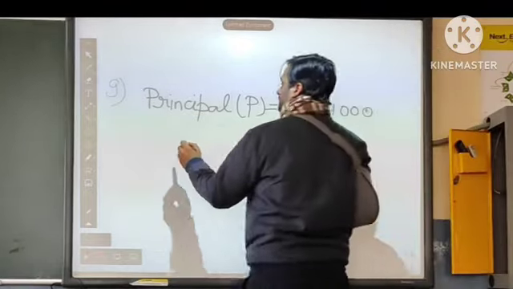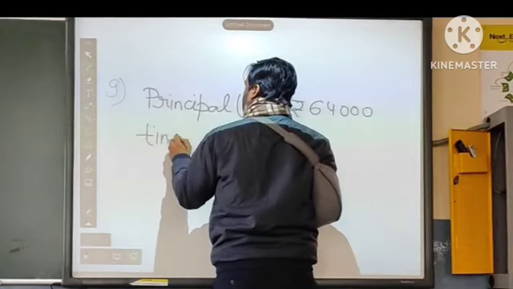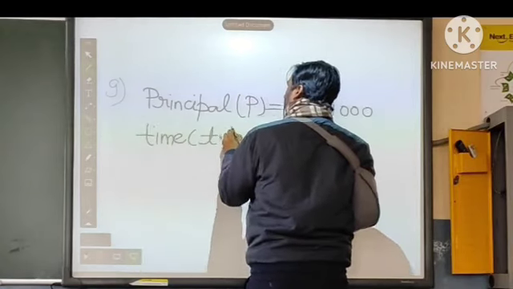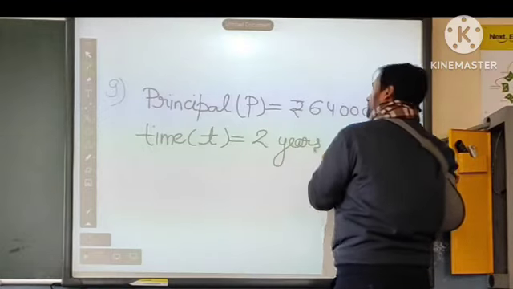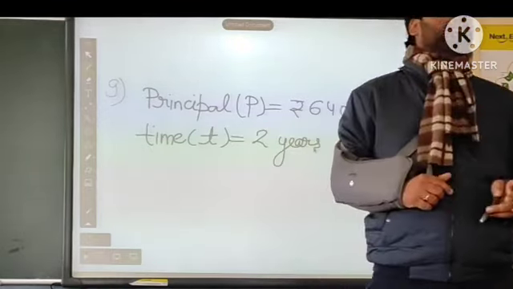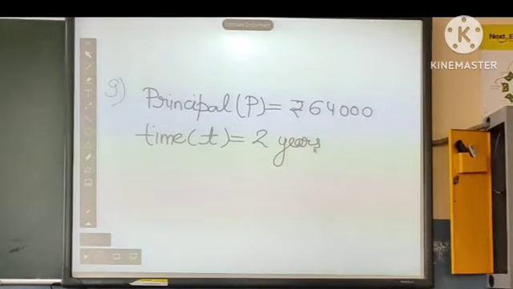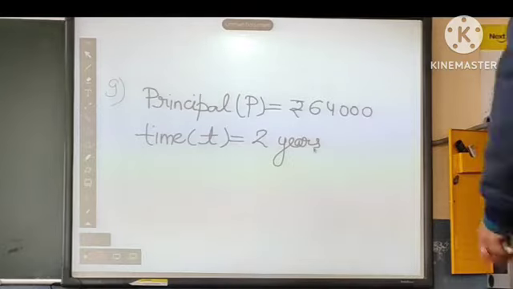And the time duration is how much? 2 years. Now there are two methods. These two types of investments are there. One investment uses simple interest, the other uses compound interest. Okay.